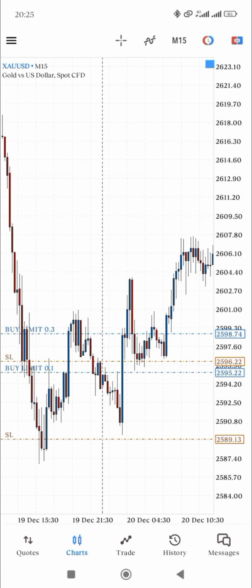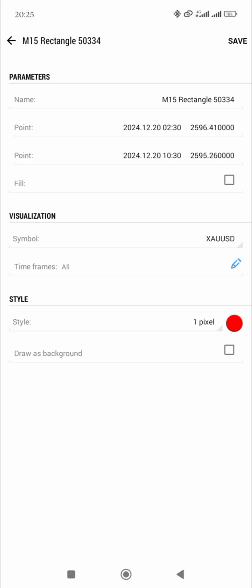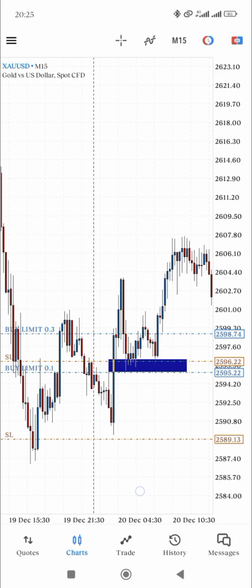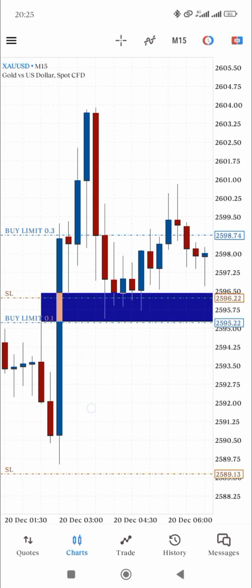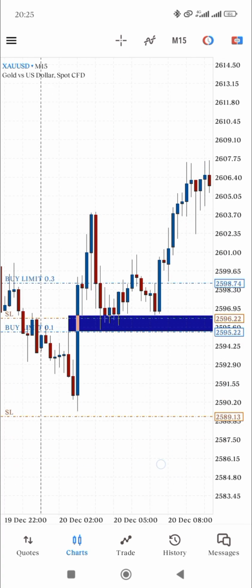So we have this impulsive move, and then we have this fair value gap right there on the 15-minute time frame. Let me fill that up, make it blue. Okay, yep. So we have that fair value gap on the 15-minute time frame.